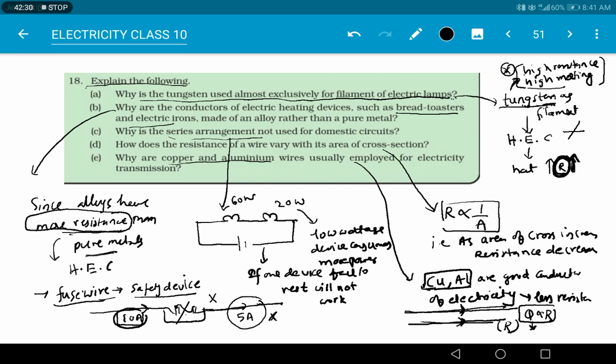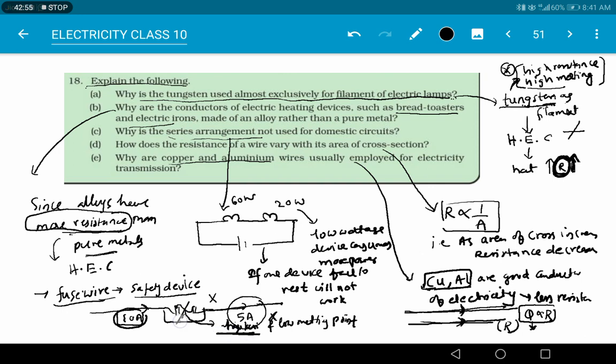So what are the properties of the fuse wire? It should have high resistance and a low melting point. So why high resistance? Because when the resistance is more, it can easily get heated.